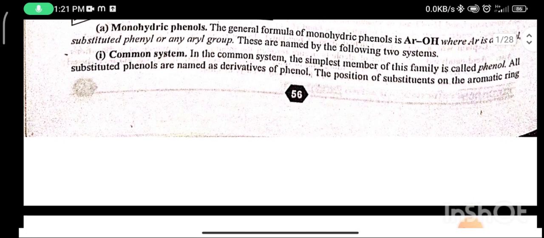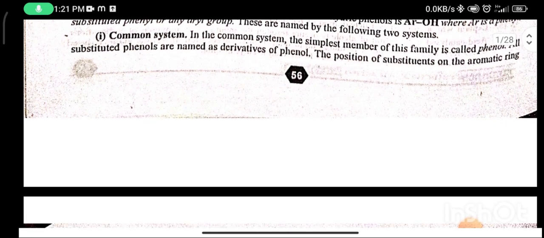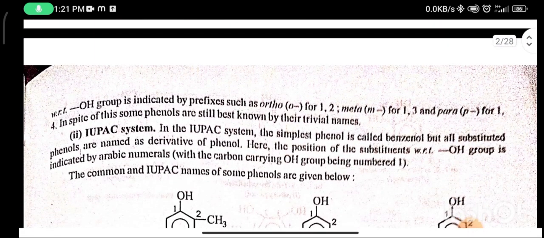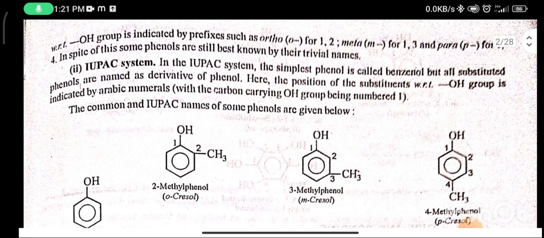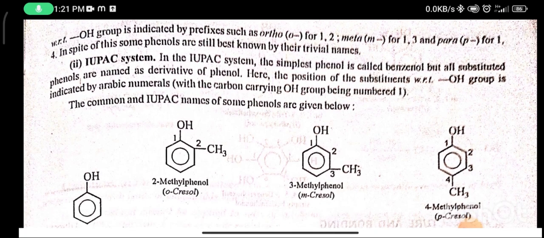All substituted phenols are named as derivatives of phenol. The position of substituent on the aromatic ring with respect to OH group is indicated by prefix such as ortho, meta, para. In spite of these, some phenols are still best known by their trivial names.